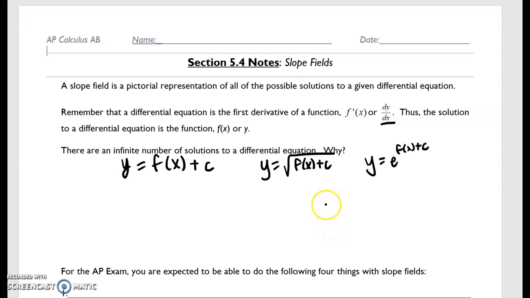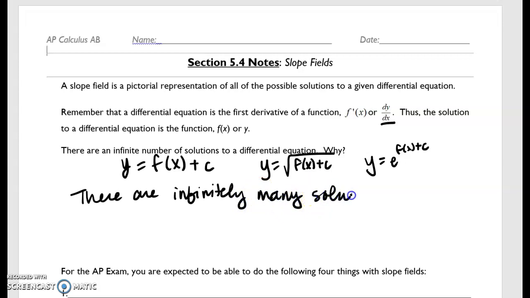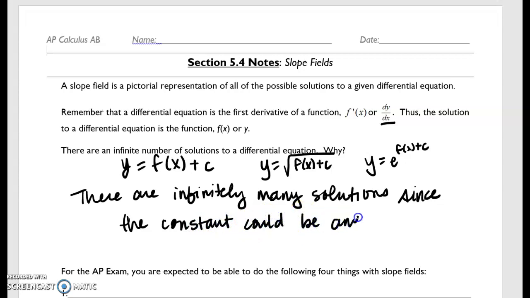And so what you want to think about, though, is there are infinitely many solutions, since the constant could be any number. And remember, we figure out that constant based on the initial condition that is given to us.